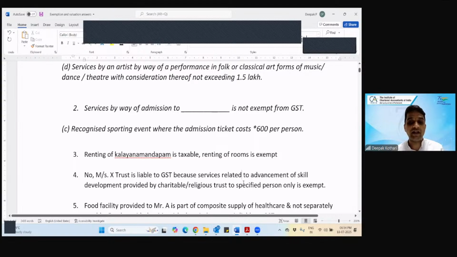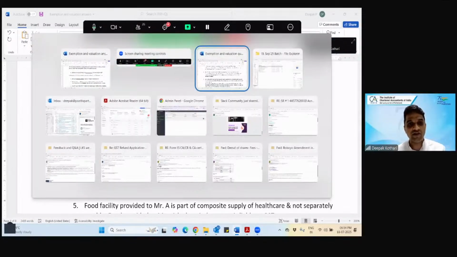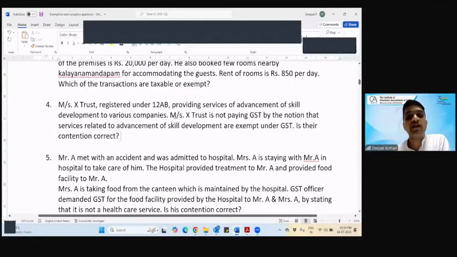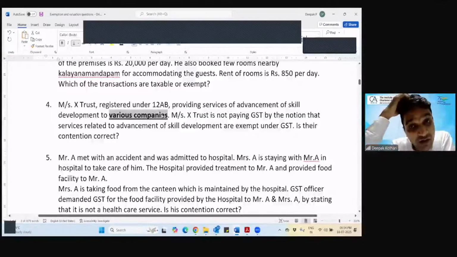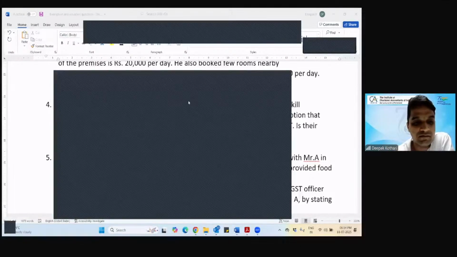So only those categories of people will be exempted. But in this question, they are registered under 12AB and providing services to various companies. Companies are not specified persons, so it will not be exempted. It will be taxable. Correct. And abandoned, orphaned, or homeless children.